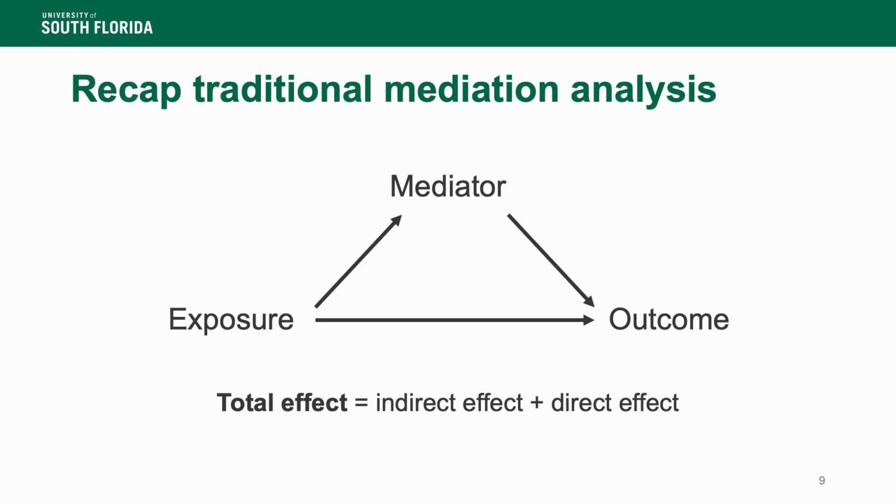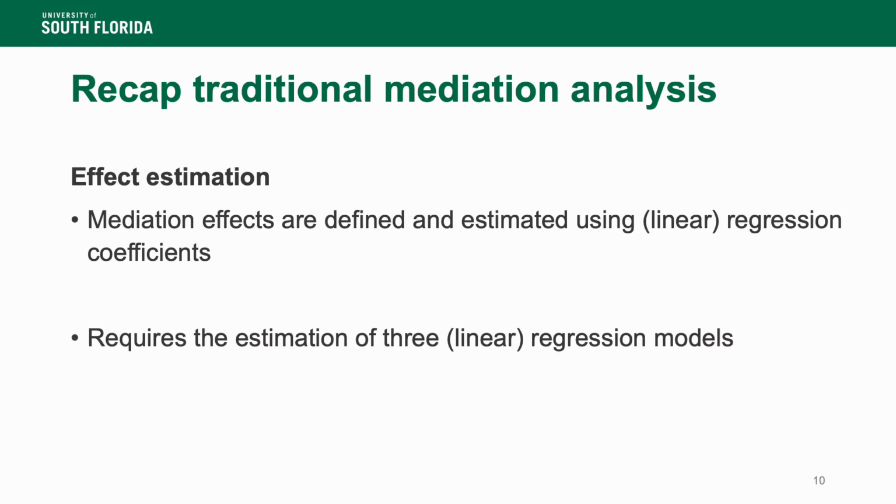We can also think of the total effect as the sum of the indirect effect and the direct effect. In traditional mediation analysis, mediation effects are defined and estimated using linear regression coefficients. We need to estimate 3 linear regression models to estimate the total, indirect, and direct effect.